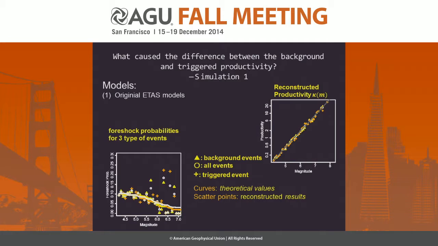Using the stochastic clustering method, I reconstruct the productivity function for the background events, for the triggered events and for all of the events as a function of the magnitude. And I also reconstruct the probability that an event is a foreshock for the background events and also for the triggered events. We can see there is no difference between those two types of events, as assumed in the ETAS model.